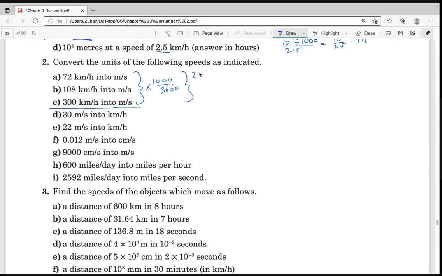I get 20 for the first one, and then 108, I'm getting 30, and then 300, I'm getting 250 by 3 meters per second.